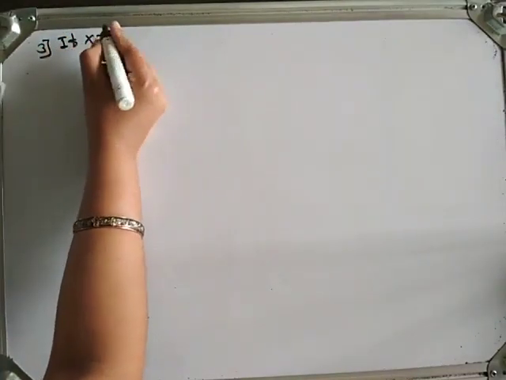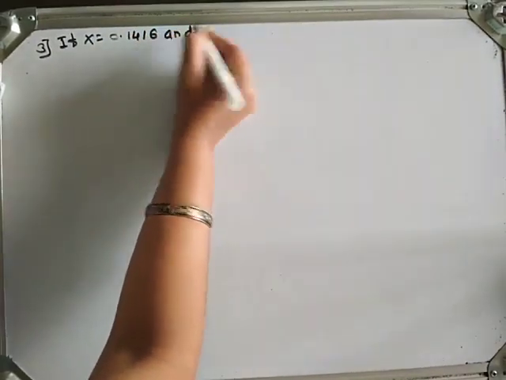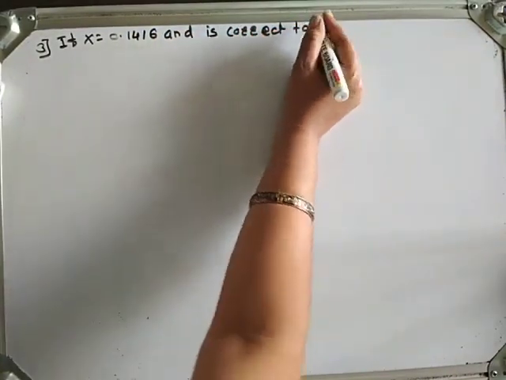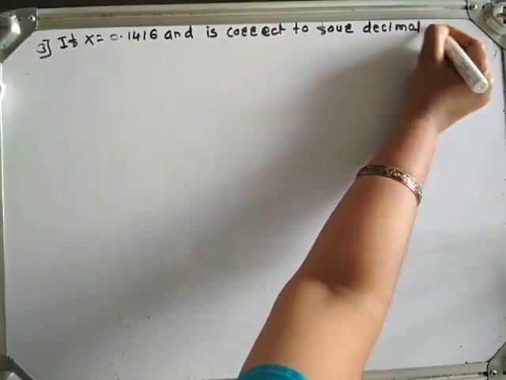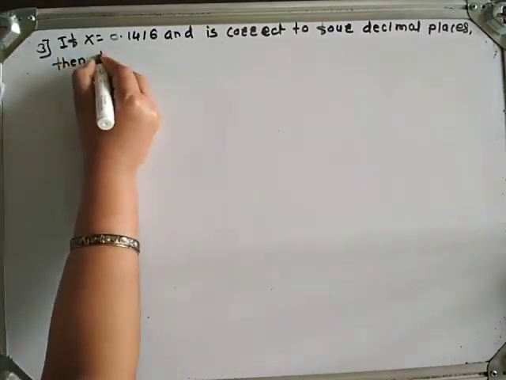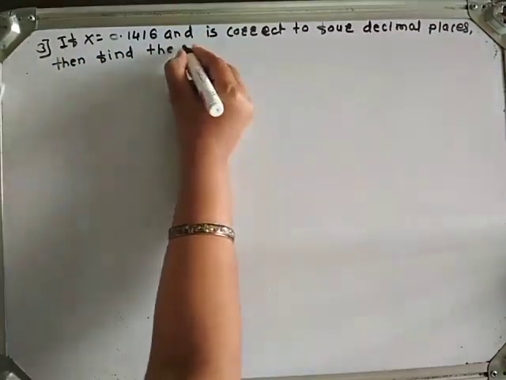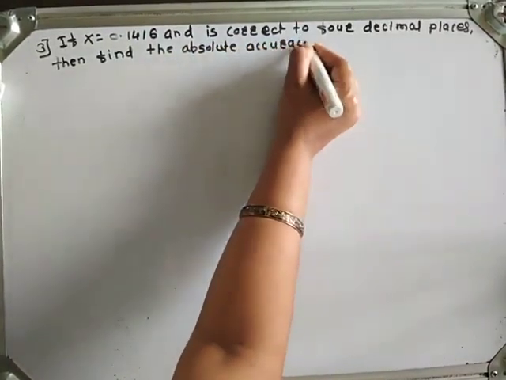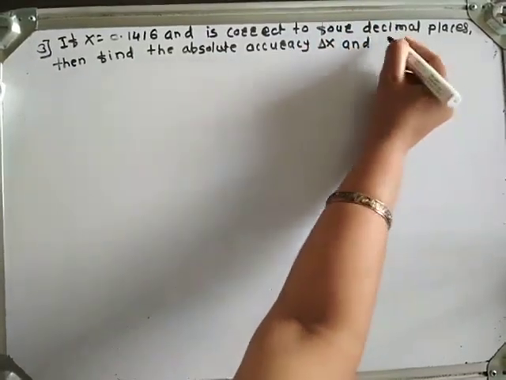If x is equal to 0.1416 and is correct to 4 decimal places, then find the absolute accuracy, which is denoted by delta x, and percentage accuracy.